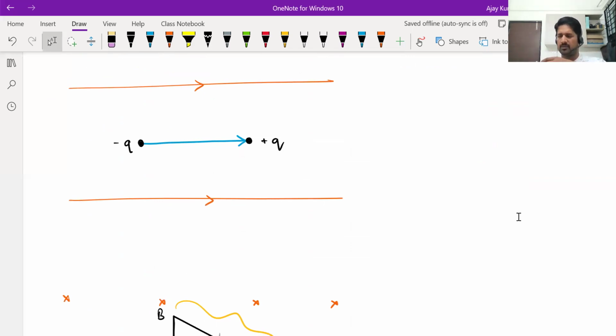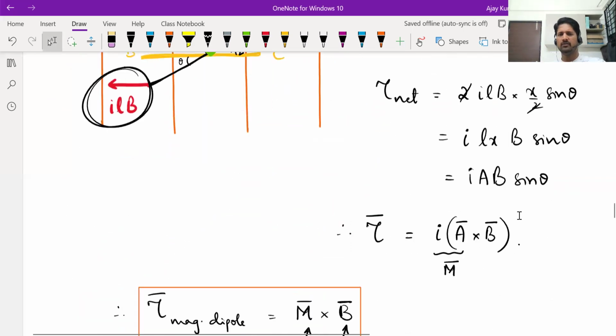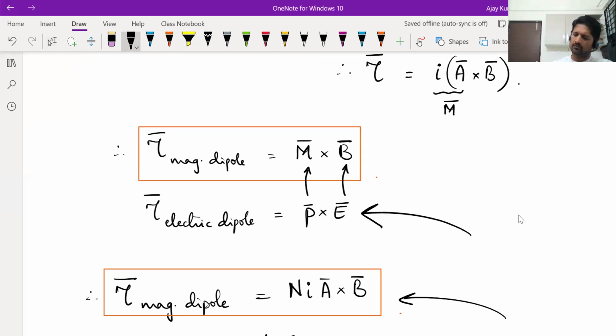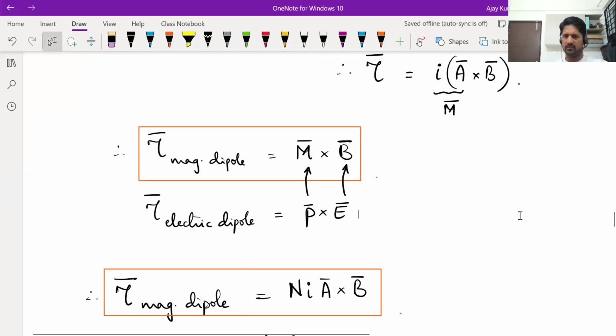Based on that, we wrote an expression for net torque. You don't have to do all that. If it's a uniform magnetic field, a current loop behaves as a magnetic dipole. So based on the formula for torque experienced by an electric dipole in a uniform electric field, you can directly write torque experienced by a magnetic dipole in a uniform magnetic field. For a current carrying loop, M cross B changes to NIA cross B. That's all. We proved that in the case of that rectangular coil also.